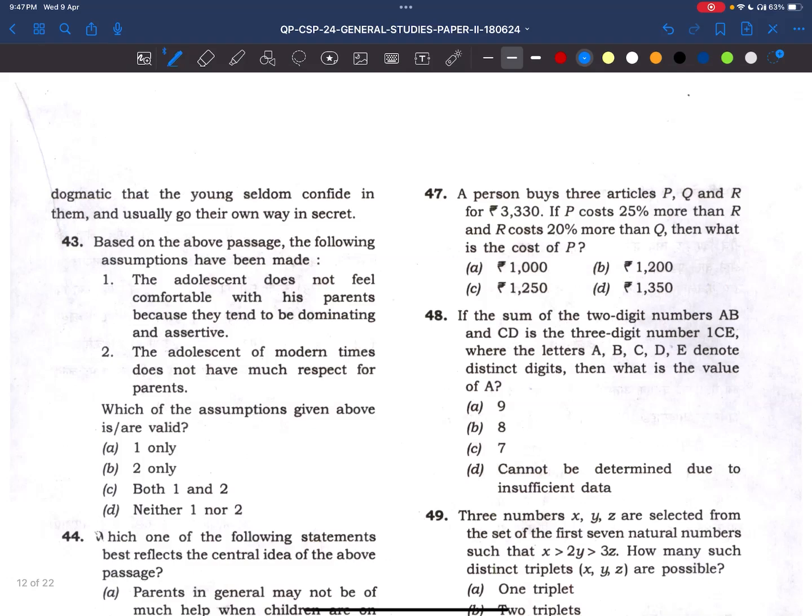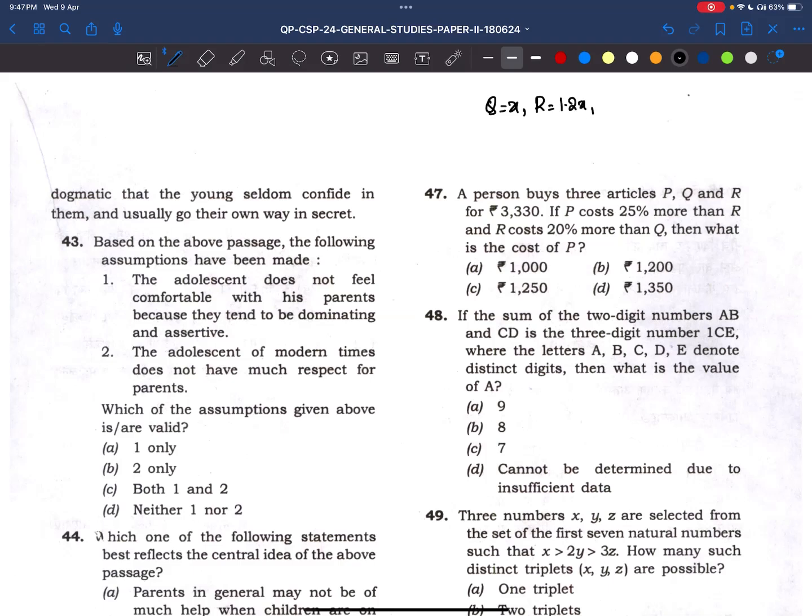A person buys 3 articles P, Q, and R for a cost of 3,330 rupees. If P costs 25% more than R and R costs 20% more than Q. I'll take Q as X. R costs 20% more than Q, no? So R will be 1.2 times of X, right?